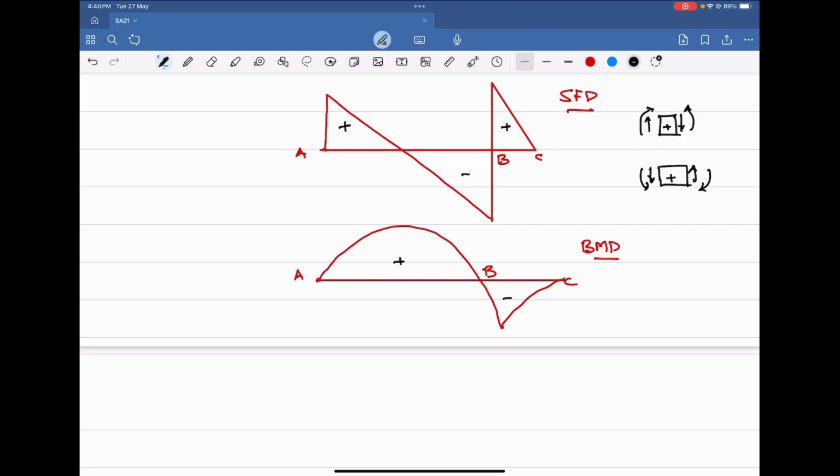But if you follow BC Punmiya or any other standard book like Timoshenko, Mechanics of Materials, you find this type of sign convention followed like this.